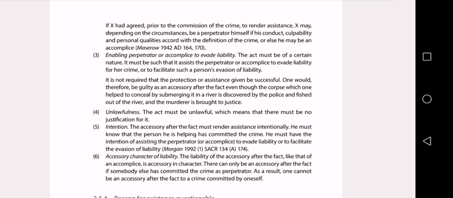It is not required that the protection or assistance given be successful. One would therefore be guilty as an accessory after the fact, even though the corpse which one helped to conceal by submerging in a river is discovered by the police and fished out of the river, and the murderer is brought to justice.